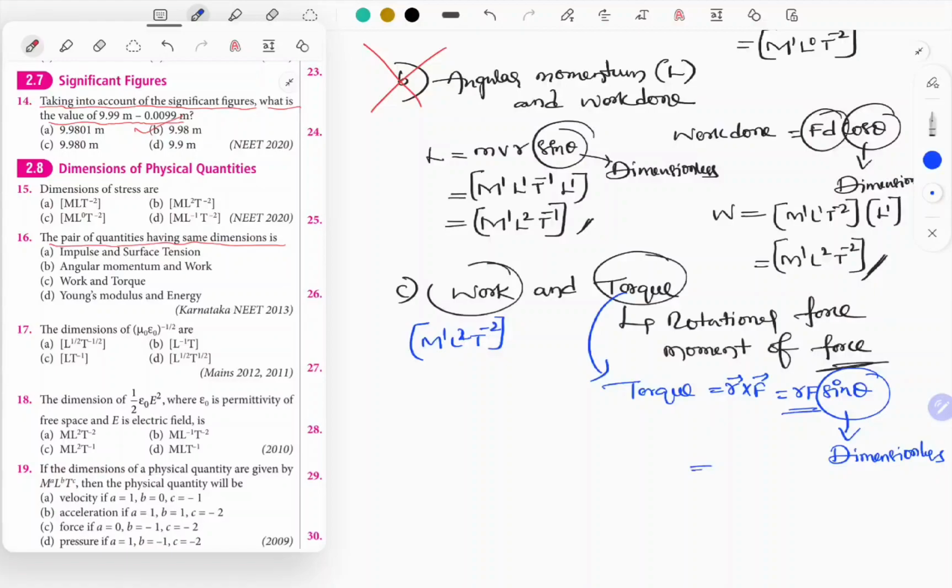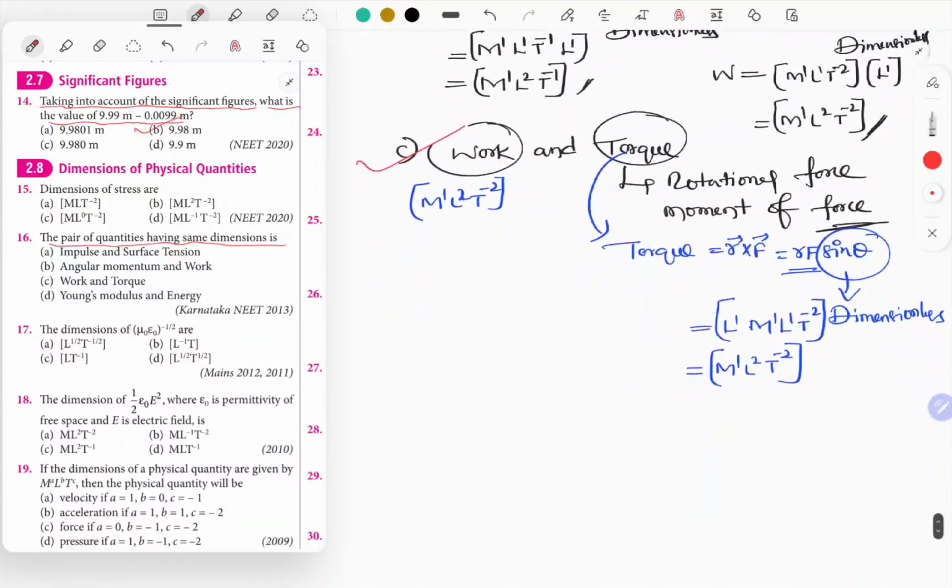So R into F: R is the perpendicular distance, L power 1, and force is M power 1, L power 1, T power minus 2. So the final dimensional formula you are going to get is M power 1, L power 2, T power minus 2. Yes, option C is correct. The dimensional formulas of work and torque are both equal.